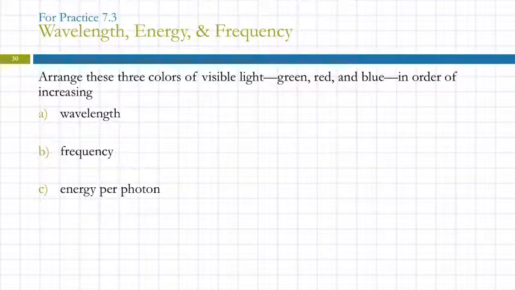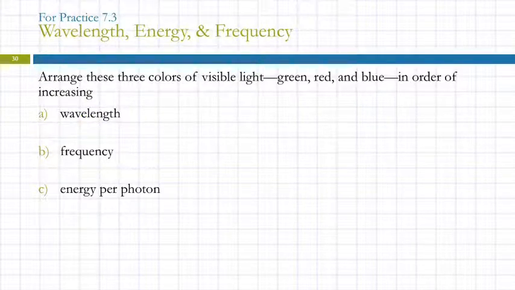This is the sort of thing that I was talking about in terms of the spectrum of electromagnetic radiation. Arrange colors of visible light in order of wavelength, frequency, and energy per photon. So it's asking us to arrange these in order of increasing wavelength.